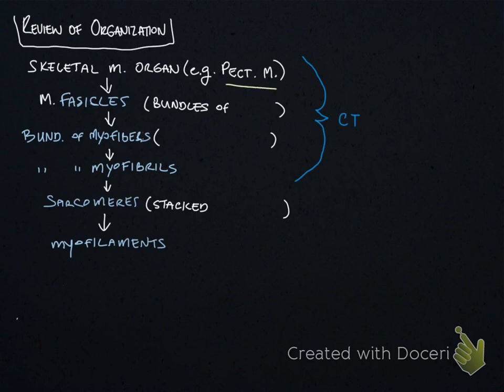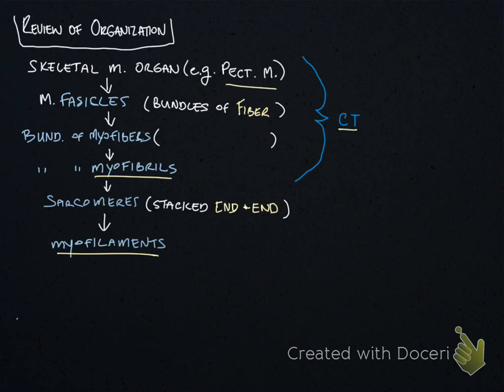And that skeletal muscle organ is made up of fascicles, bundles of fibers, muscle fibers, and then those bundles of myofibers, which is basically the muscle cell, are made up of myofibrils, and those myofibrils are the sarcomeres, and those sarcomeres are stacked end to end to make those different colored bands. And the sarcomeres are made up of the myofilaments, of which we have thick and thin.